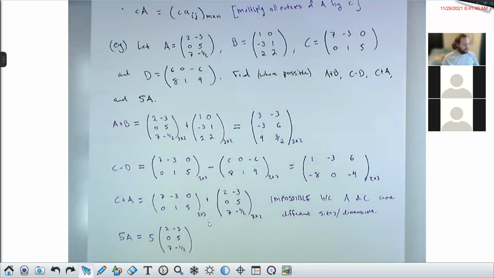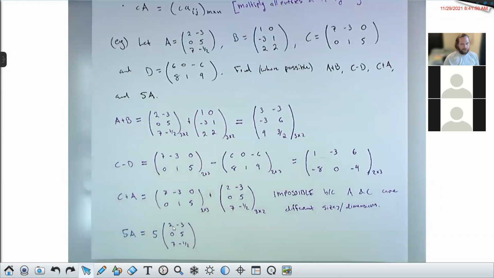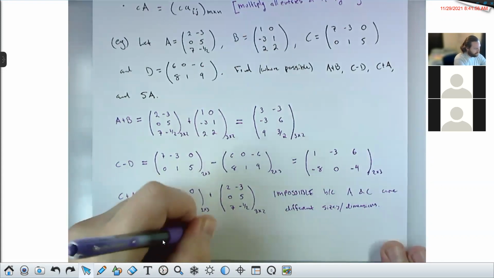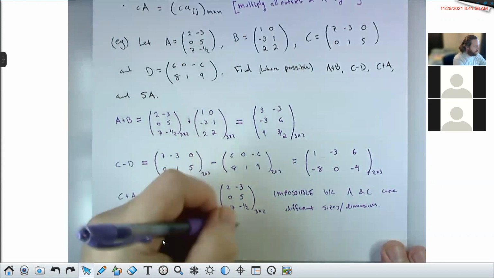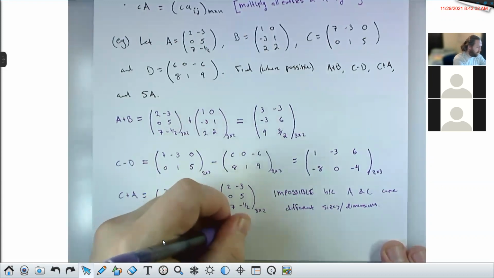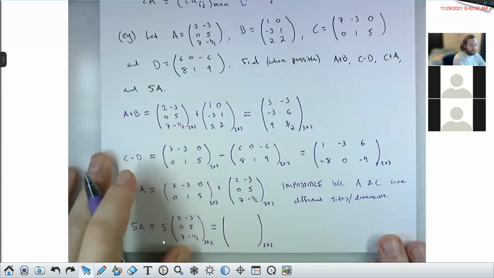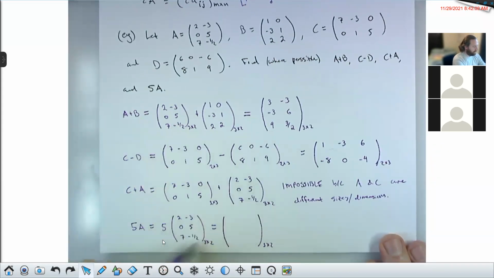We can always do this. And according to the rule up there, I should just multiply every entry of the matrix A by the number 5. So I'm going to get out another 3 by 2. This will not change the dimensions of the matrix. And for the entries, I just multiply every number here by 5.